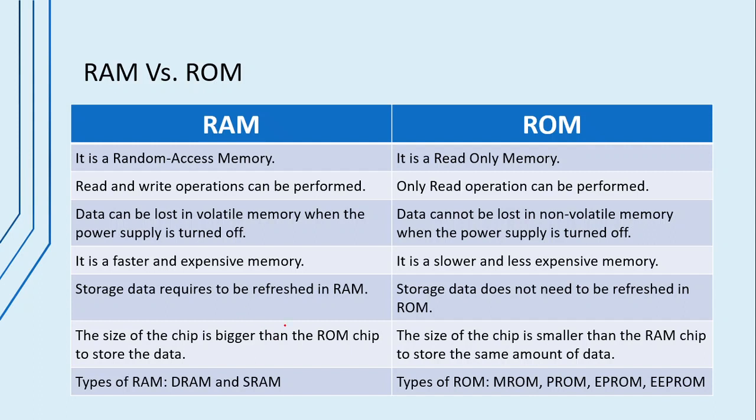The size of the RAM chip is bigger than ROM chips because it has a complex structure. But in ROM, the size of the chip is smaller compared to RAM. There are different types of RAM, dynamic RAM and static RAM, and here we have five types of ROM.